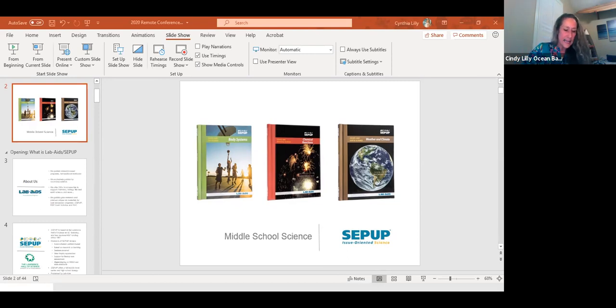So it says, as a group, so I would probably have kids working in a group of 2 or 3 in a small group in a breakout room. Choose at least 4 of the cards and construct a simple food chain.